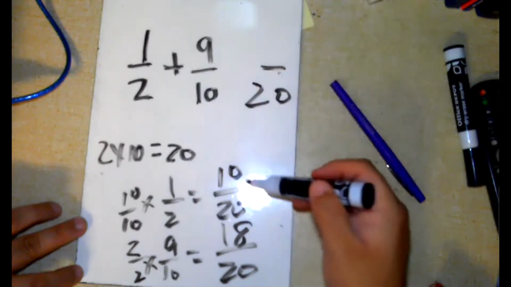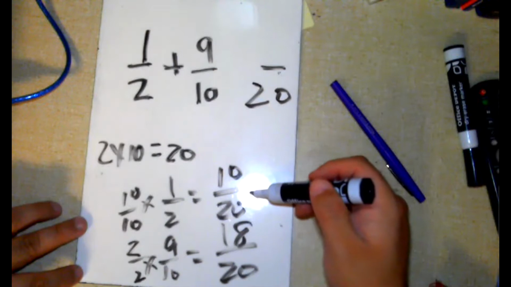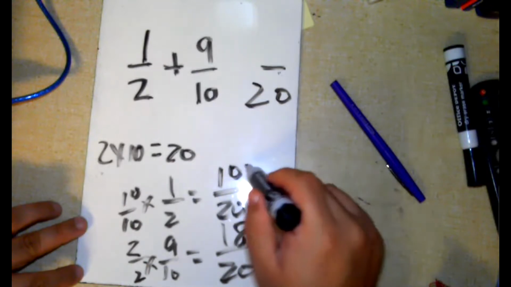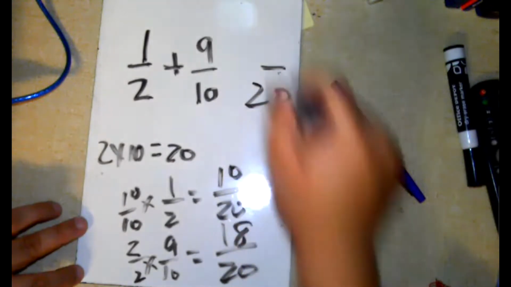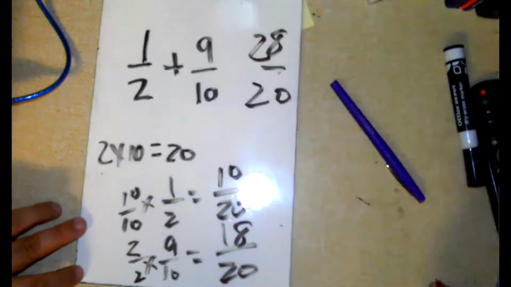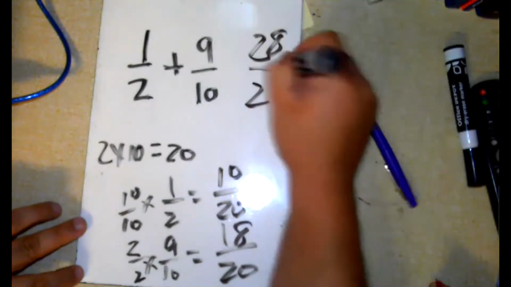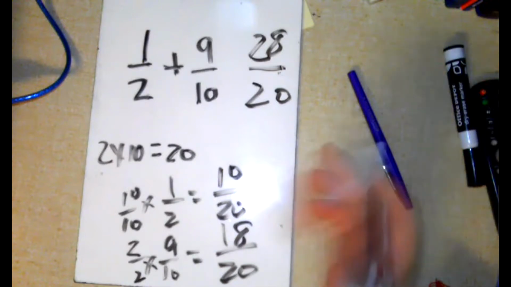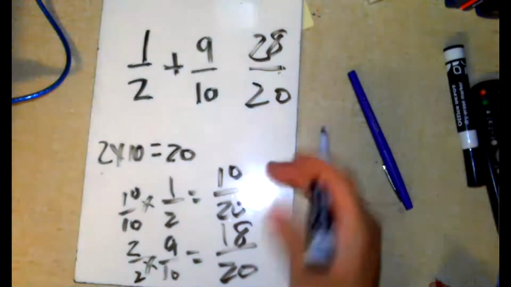Now add them up. Now I'm going to add up my numerators. 10 plus 18, 28. So from here, you can go improper, you go back to a mixed number, you can simplify. A lot you can do here.